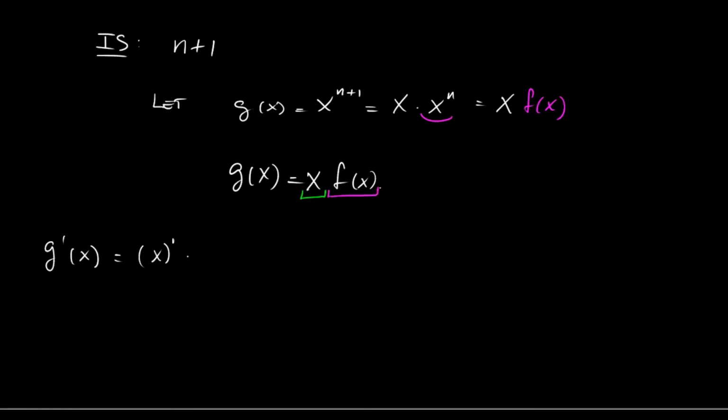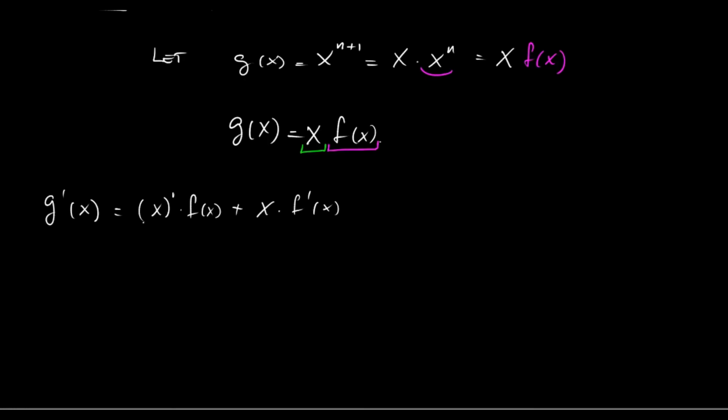So the derivative of x times f plus x times the derivative of f. Again, we know the derivative for x. This is just 1 times f of x plus x times f prime.